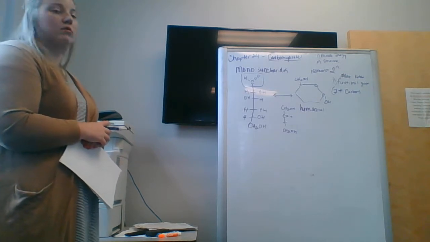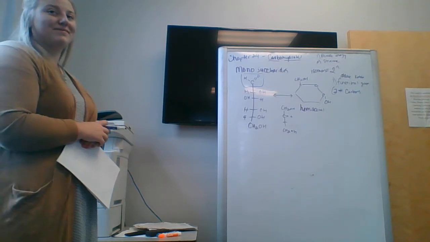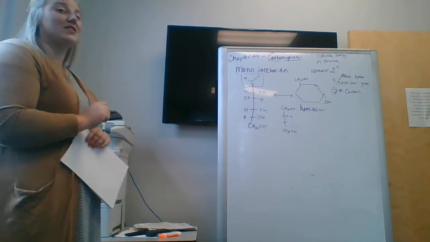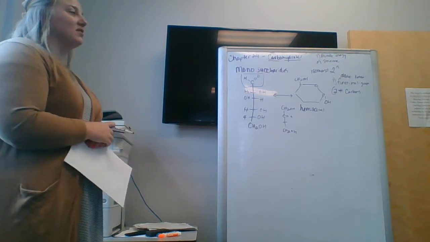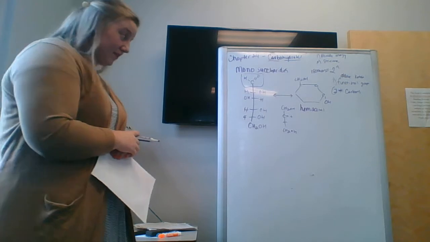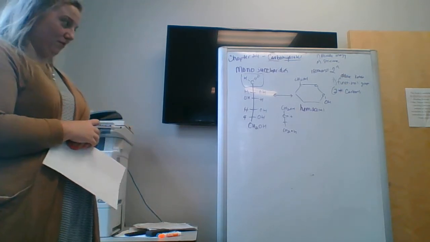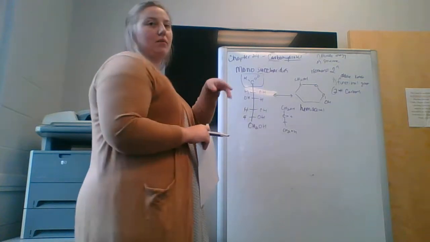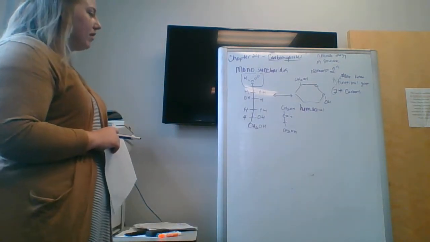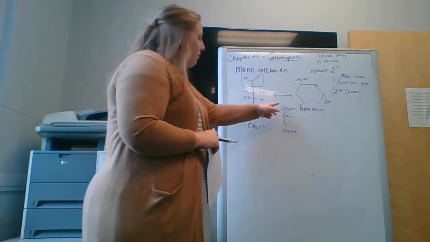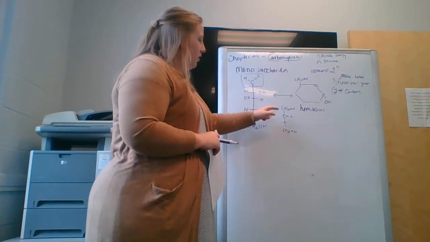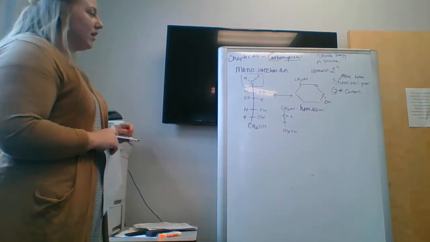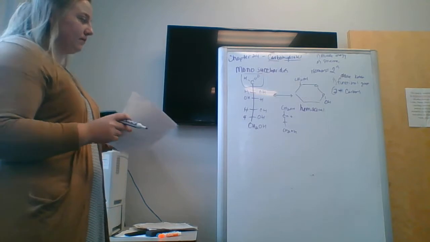It is a keto... keto butase? So we're not going to use the prefixes for naming. Tetrose. Yep. So don't get those confused. I know that you've gotten meth, eth, prop, and but kind of drilled into your brains. So 4 carbons, tetrose, and it's a ketone group. So ketotetrose. Make sense?